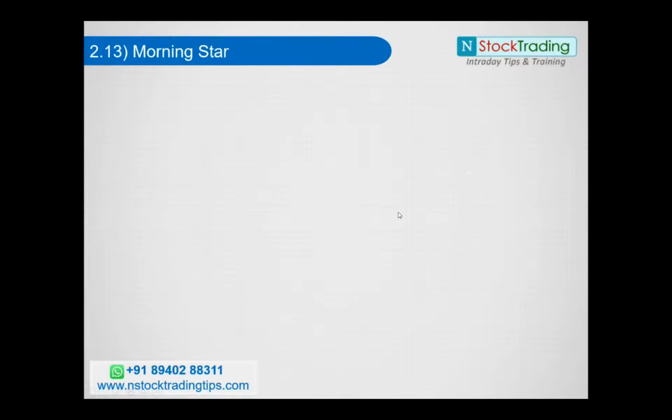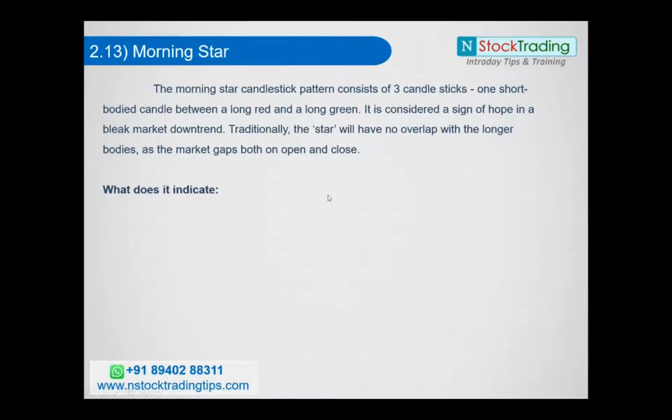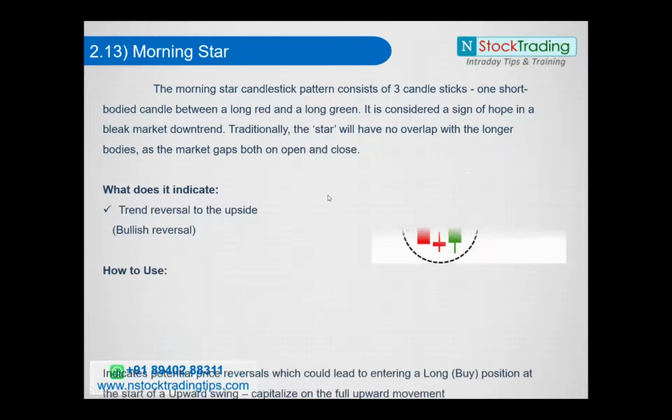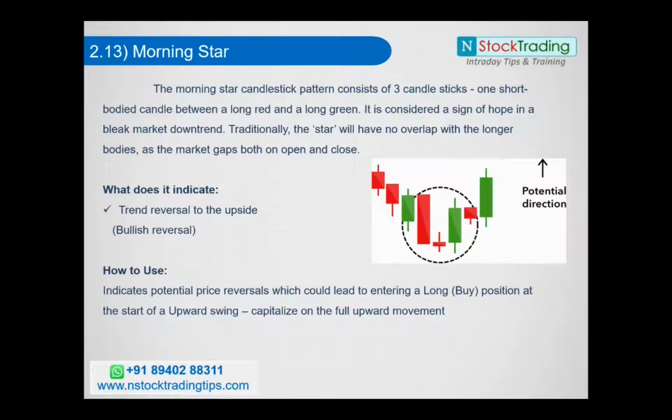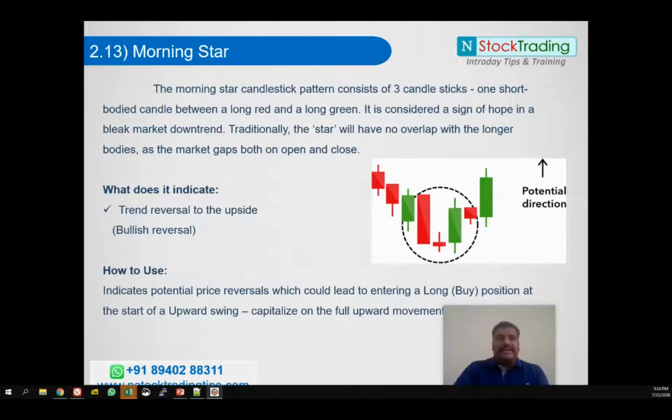Okay, now we will go on to the three candle based patterns. Here we see something called a morning star. It's actually three candlesticks. It also forms at the bottom of a downtrend. Morning star, as it means, is like sunrise. That means it's positive.